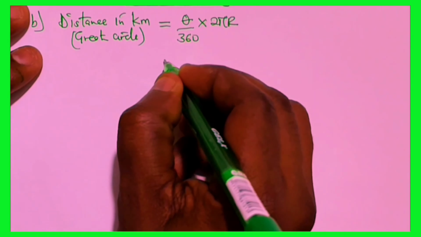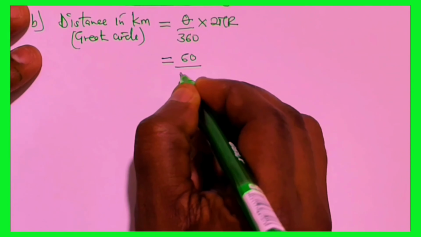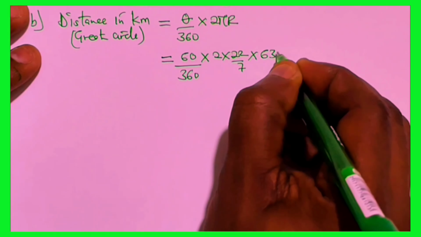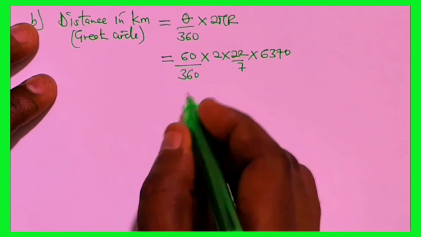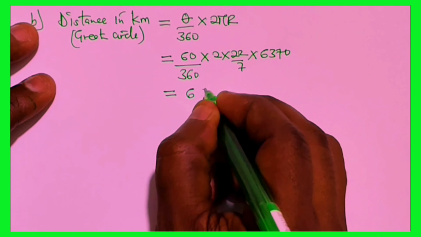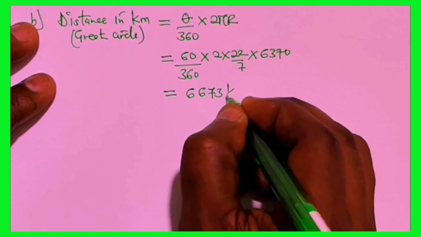Therefore, the distance will be equal to 60 degrees divided by 360 degrees, and then we multiply by 2 times 22/7, and then we multiply by 6370, the radius of the earth. So when you solve that, you're going to arrive at 6,673 1/3 kilometers.